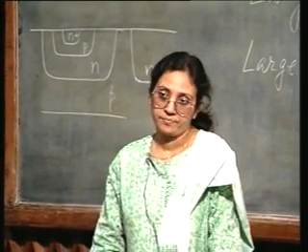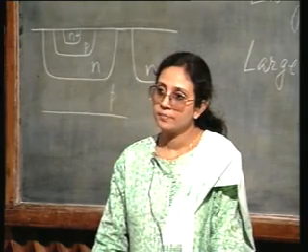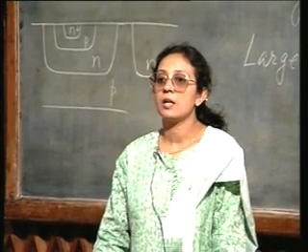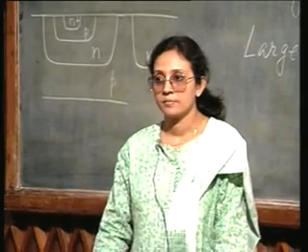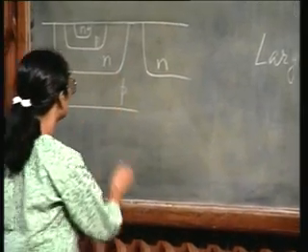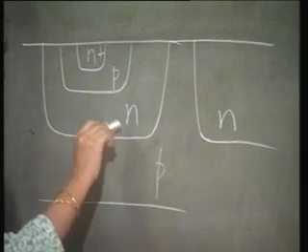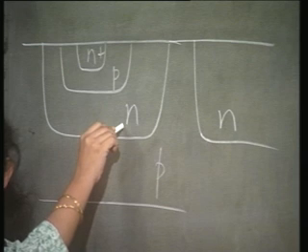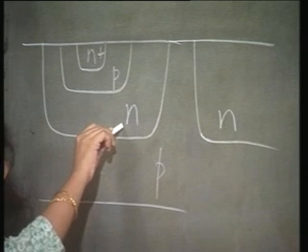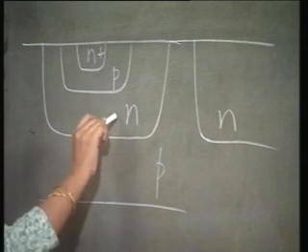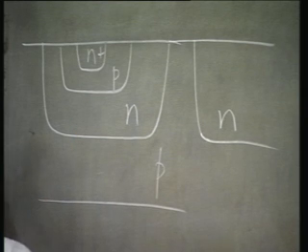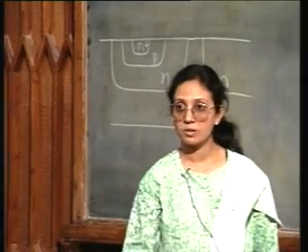But at what price? The price you pay is in terms of collector resistance, because now you have 3 successive diffusions. Obviously, the N doping concentration has to be the smallest of these 3 regions, because you are doing successive diffusions, right.